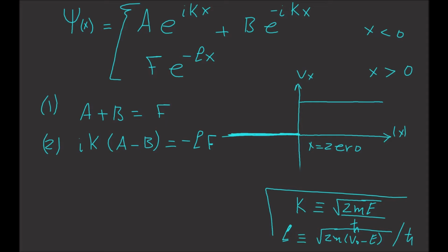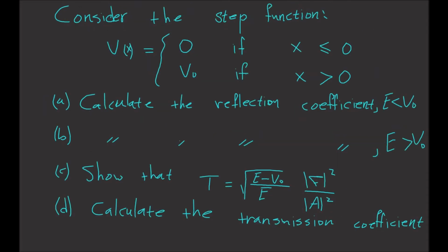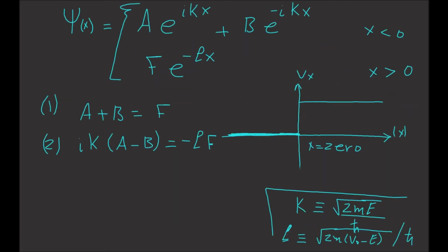So this is for the first case, part 1, where the energy is less than V naught. So the wave is coming from this side at energy E, where E is less than V naught. This is V naught.